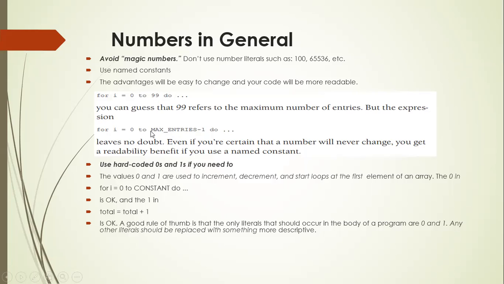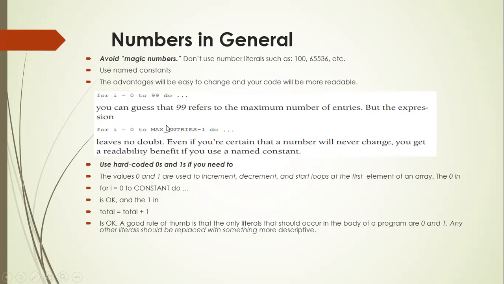Also, if you want to change the value of maximum entries, or change this 99, maximum entries is much easier to change, because it can happen that we have used this maximum entries in many places in our code. With literals, in each place you have to go and change those values manually.